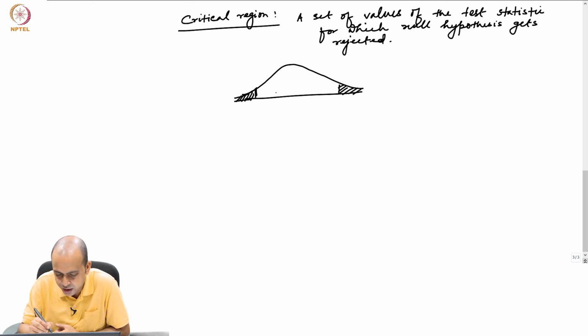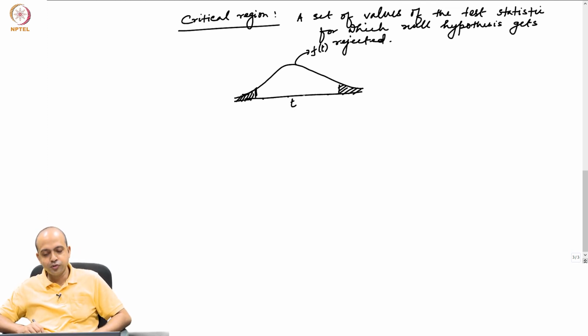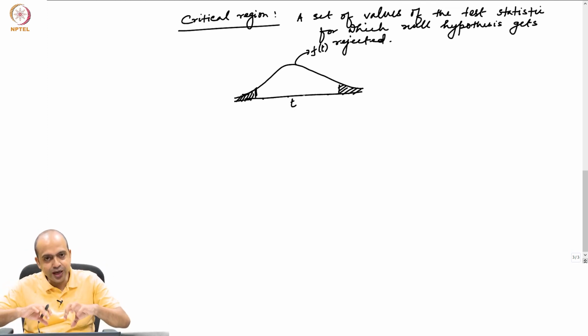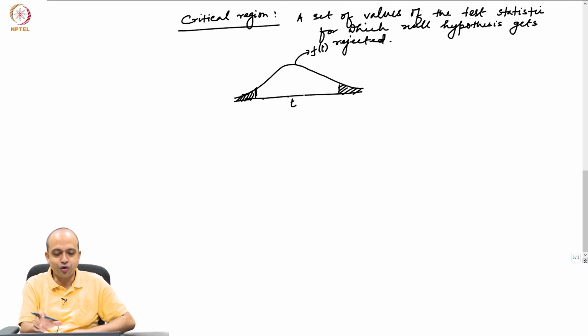In this diagram, this is the density, and here we are putting several values of the test statistic T. The critical region lies in the two tails of the distribution.